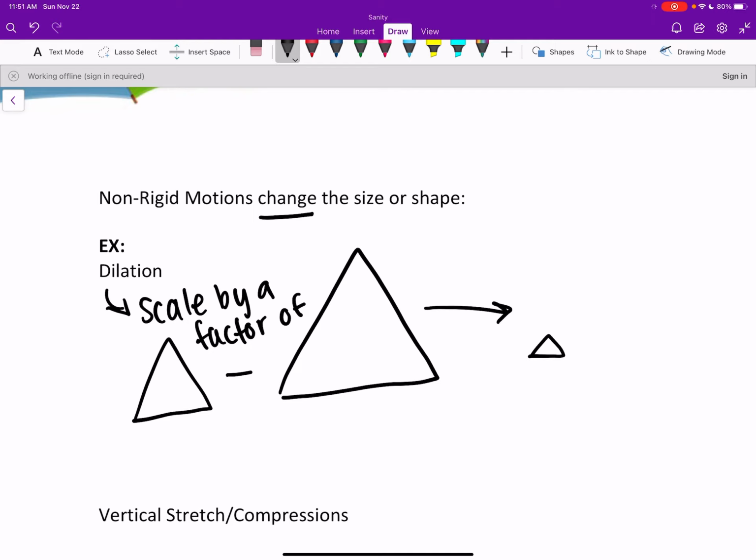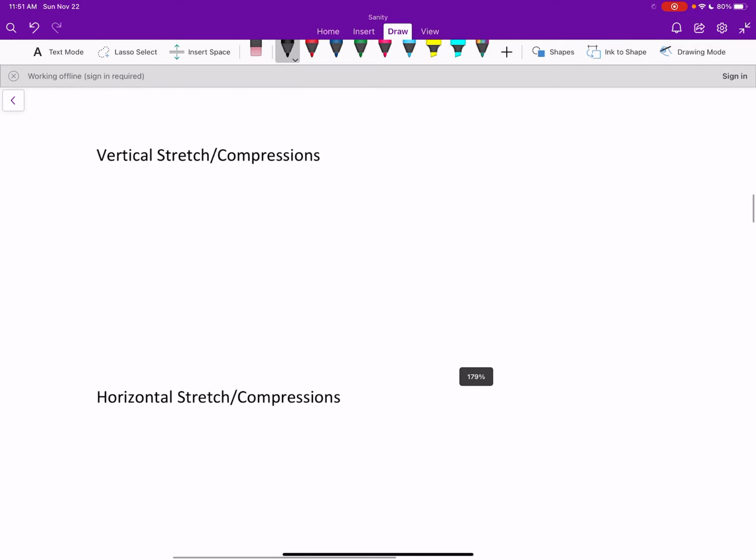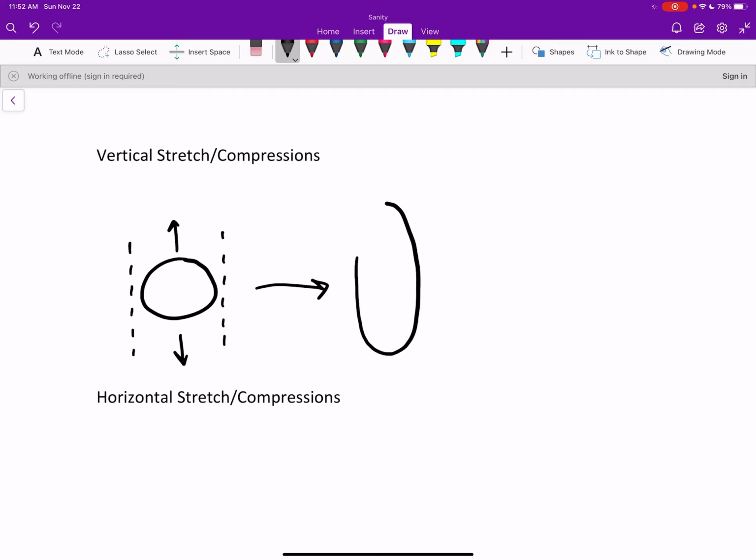Okay, vertical stretches and compressions, horizontal stretches and compressions. The best way that I like to explain this is you've got a circle. If I wanted to stretch this vertically, its horizontal distance here isn't going to change, but everything is going to get stretched out this way from the center. So if I stretch something vertically, that horizontal distance isn't going to change, but everything got stretched out from the top and the bottom.